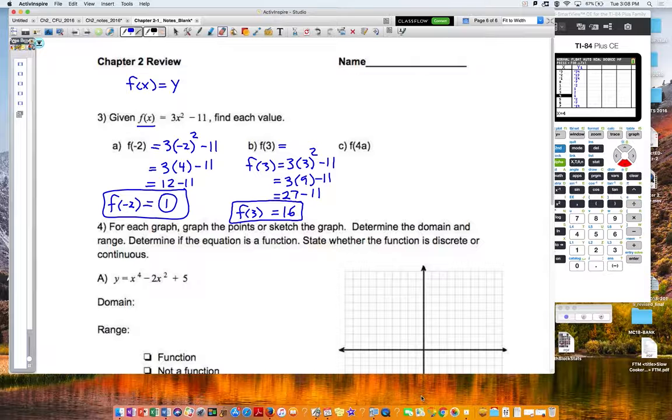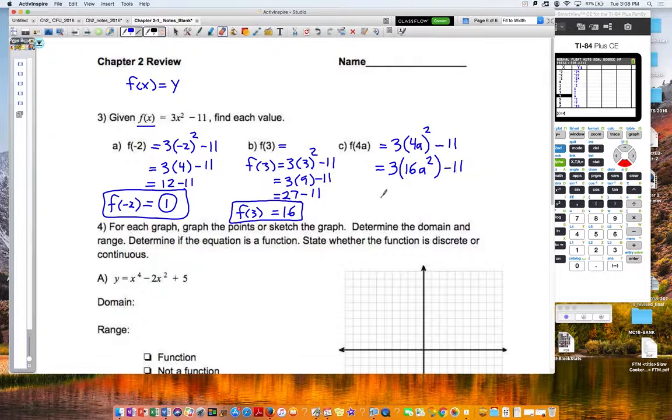Ooh, now we have a value with a letter in it. You're still just replacing it. So you're just saying 3 times 4a quantity squared minus 11. So when we square and we have two values inside, we square them both. 4 squared is 16. a being squared is simply a squared.